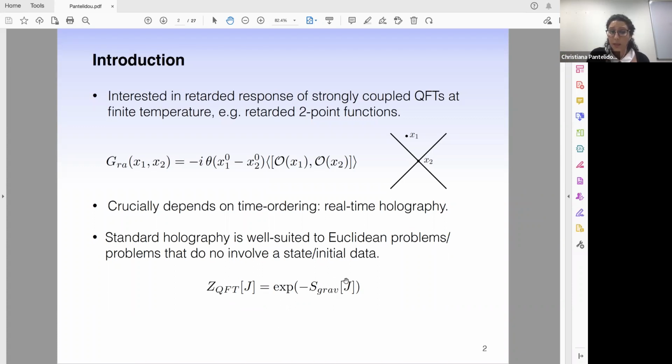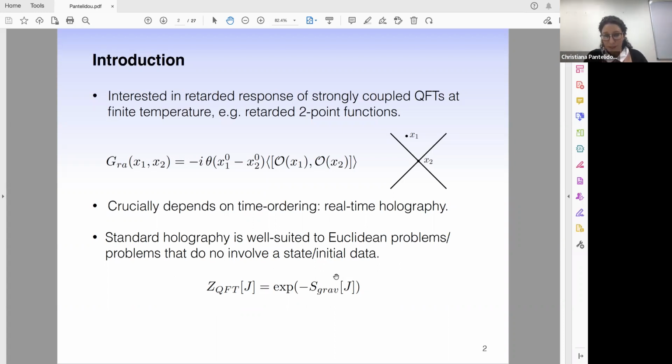Now, this statement alone is very well suited for Euclidean problems, but it's not enough when we want to compute observables that are non-Euclidean. The reason is that it doesn't tell us what to do with the state of the quantum field theory, or equivalently, it doesn't tell us what to do with initial data in the bulk.